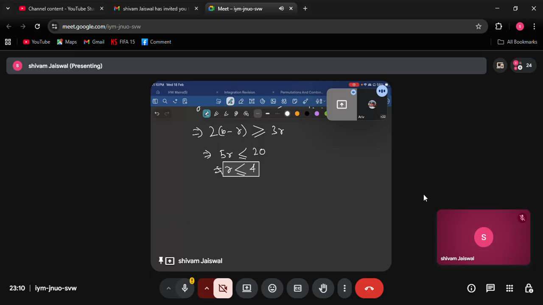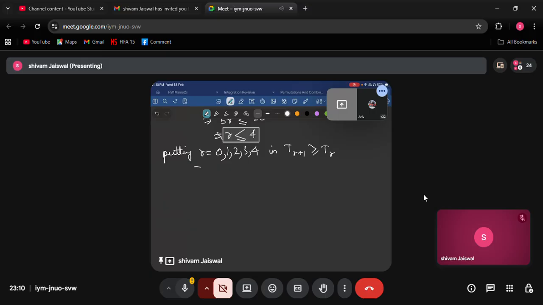Putting r equal to 0, 1, 2, 3, 4 in this inequality, you are going to get T2 is greater than T1, T3 is greater than or equal to T2, T4 is greater than or equal to T3, T5 is greater than or equal to T4.